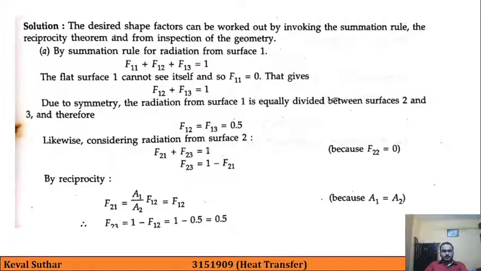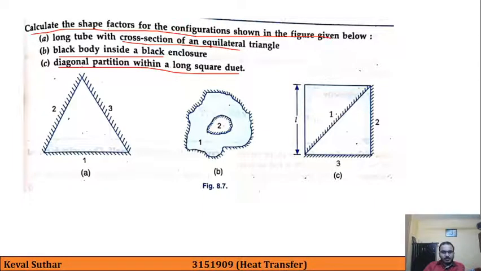So first we will take the equilateral triangle. By summation rule, for radiation from surface 1 we can say that F11 plus F12 plus F13 equals 1. That is, F11, the shape factor with respect to itself, plus the shape factor of 1 with respect to 2 plus the shape factor of 1 with respect to 3 will be unity.